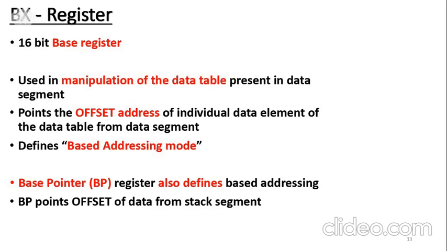It also defines based addressing, but it points to offset of data from the stack segment, not from the data segment. So there are two possibilities to define and refer to that data: using BX register from the data segment, or using BP register from the stack segment. In both cases, the processor uses based addressing mode.